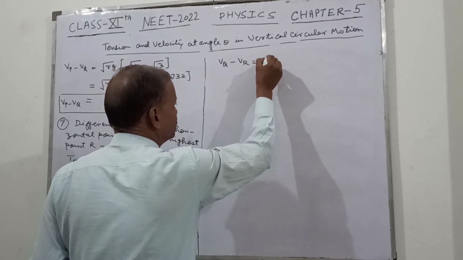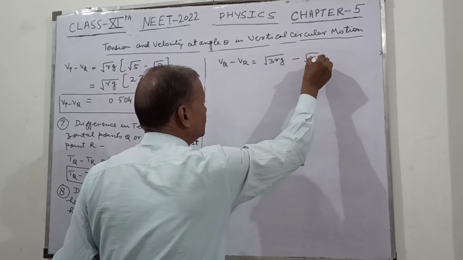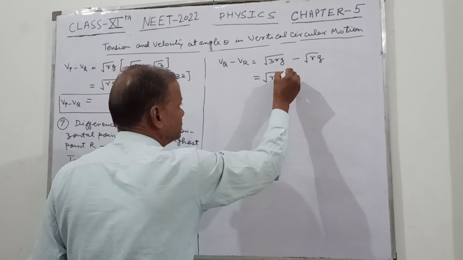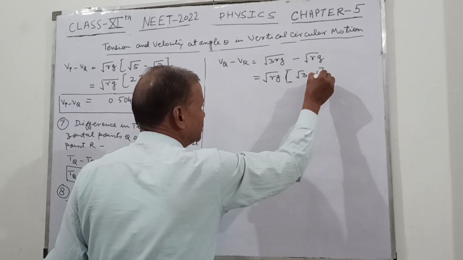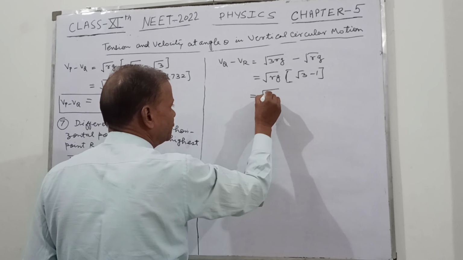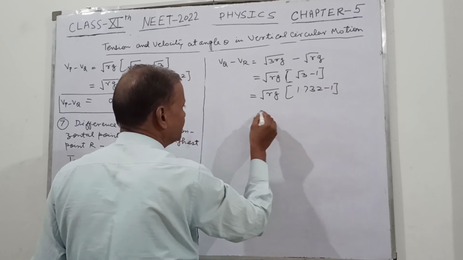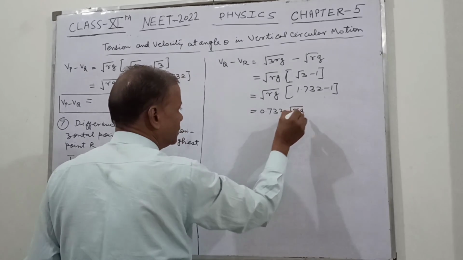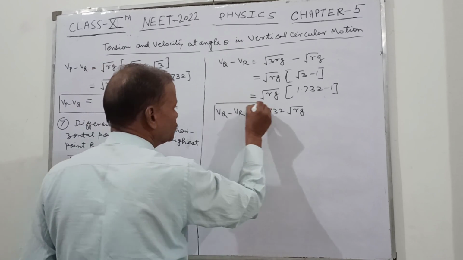VQ is equal to square root of 3RG, and VR is square root of RG. So this is square root of RG into square root of 3 minus 1, which is square root of RG into 1.732 minus 1. So this is 0.732 into square root of RG. This is now your VQ minus VR.